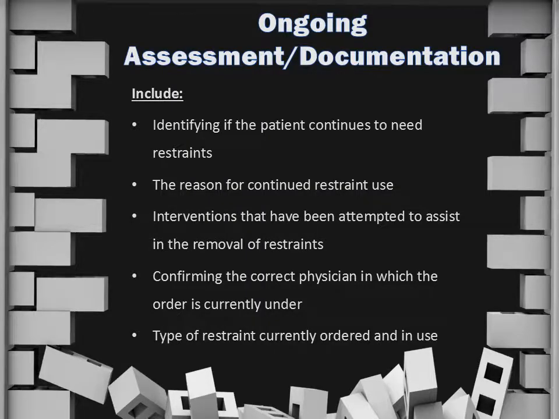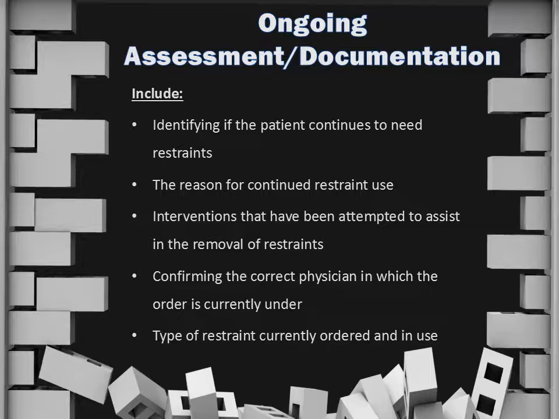Ongoing assessment documentation. This includes, of course, if the patient continues to need it, you'll hit yes. The reason why they still need it. Interventions that need to be attempted or have been attempted to remove the restraints. And then, of course, always confirming that the correct physician in which the order is currently under is the one.